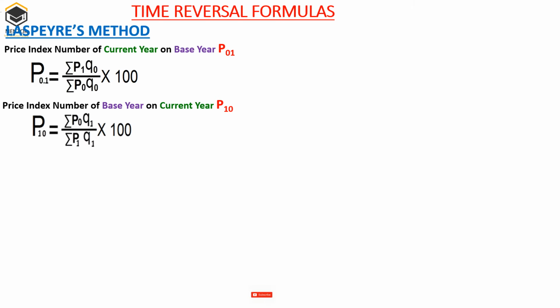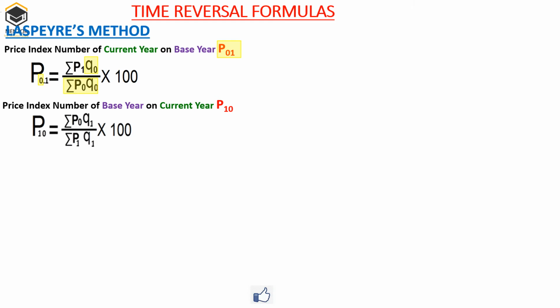Here you can see the difference. In the first formula, P01, the base is 0 and the author has given the weight to the base, so you have Q0 in the numerator and in the denominator also you have 0. It means the author has given the weight to the base here.